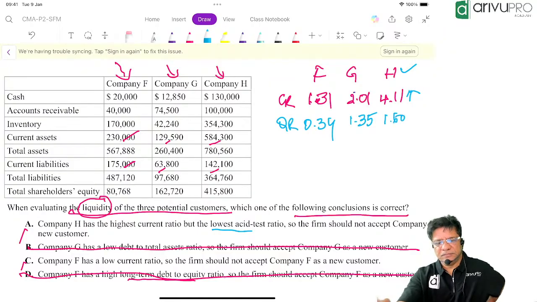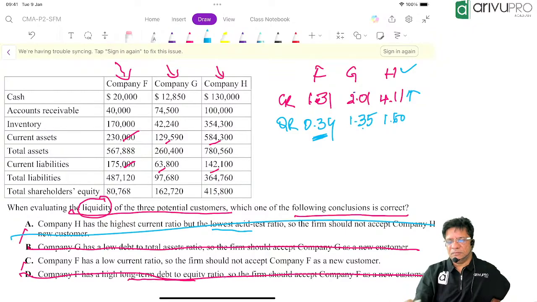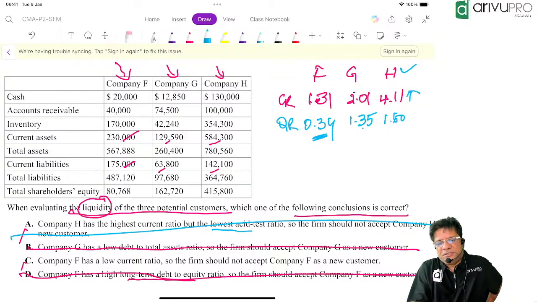1.6. A is telling company H has the highest current ratio, lowest acid test ratio. No, it is 1.6. No, here 1.35. This is lowest. So A is wrong. It should be C. F has a low current ratio, among all the lowest.